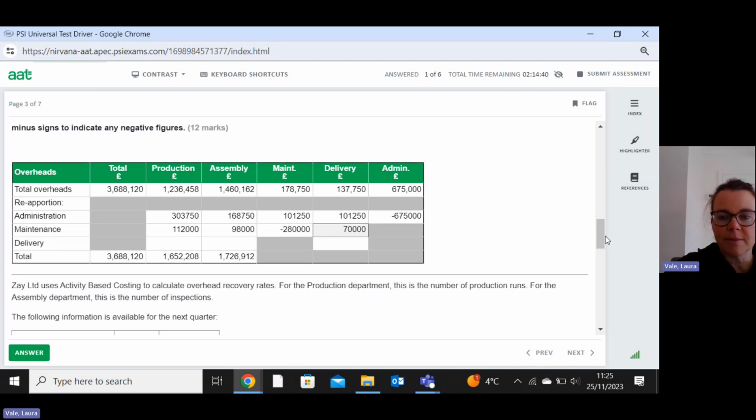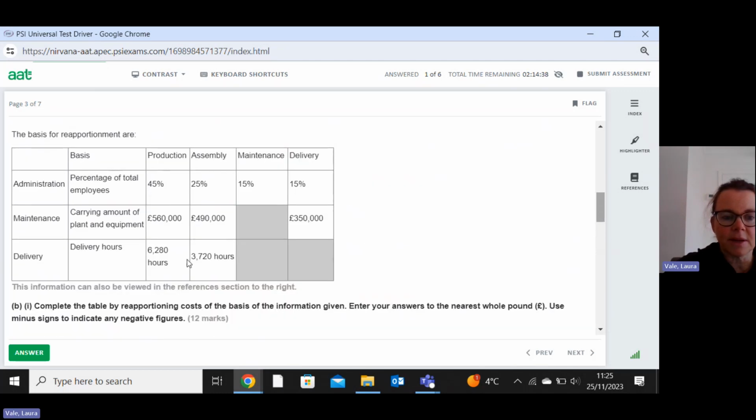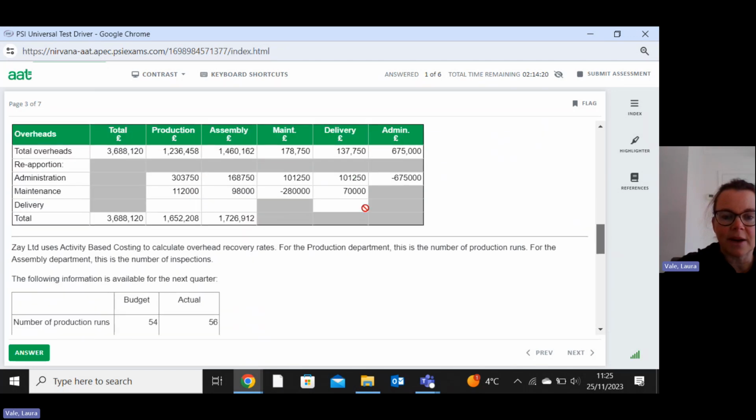Right, then for delivery, same system. So add your two numbers together, 6,280 plus 3,720. Oh, missed a digit on my calculator. 3,720. So that comes to 10,000. So I'm going to do 6,280 divide by 10,000 times by the total figure that I've got to dish out, which is the sum of all of those for delivery.